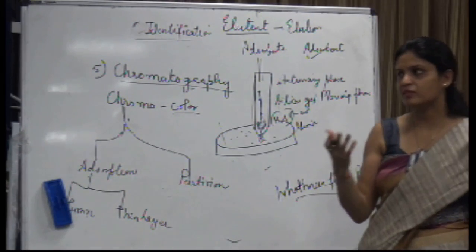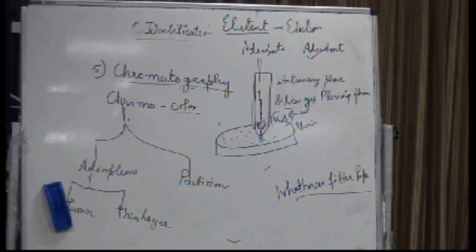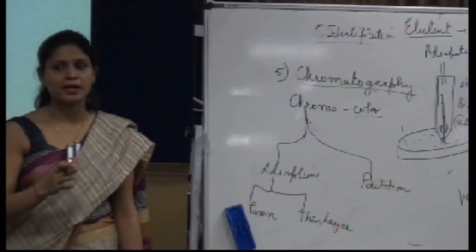Why will water tend to separate the ink? What is the criteria? Why will blue ink and red ink separate? They are miscible. What is the reason? Because I am taking only those compounds which have differential solubility with the water. I am saying that the blue ink will dissolve to a different extent as compared to the red ink, or I'll also say that the blue ink gets retained on the adsorbent differently as compared to the red ink.